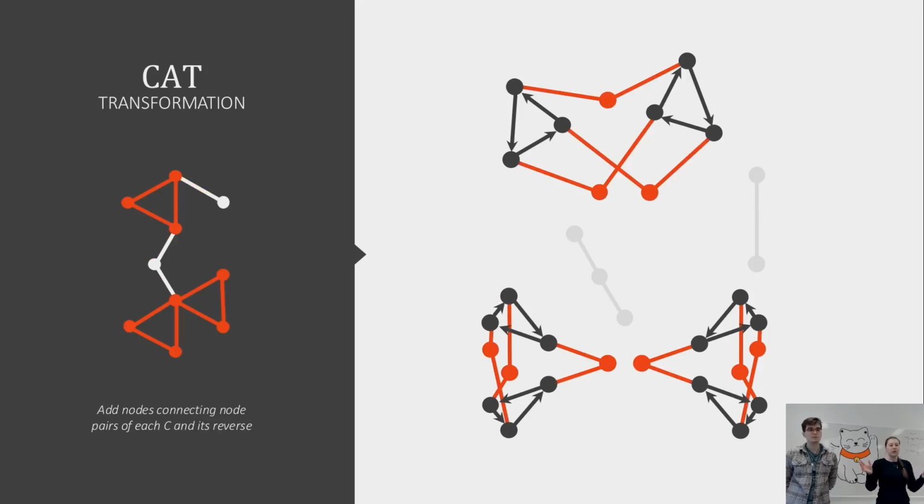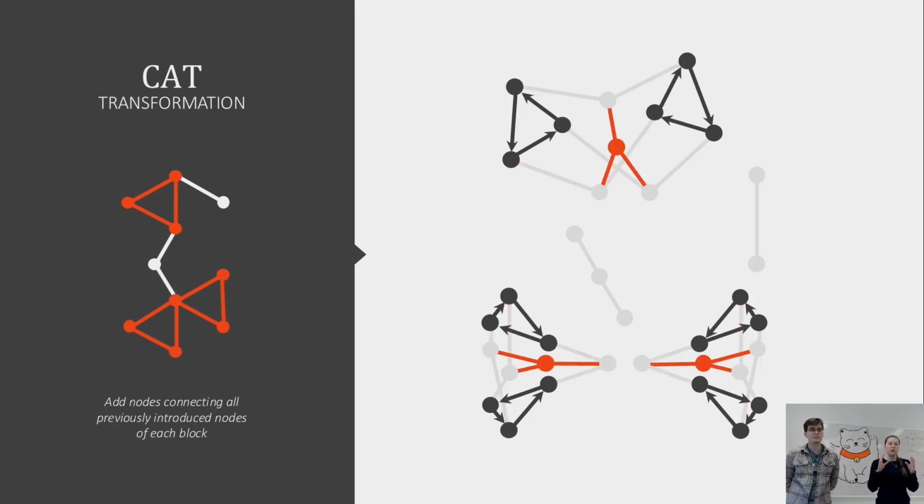After that, while using CAT star, we basically created 2 copies of each node in blocks. We then connect those representations using pooling nodes. And then for each of the blocks, we add a node, a block pooling node, to basically connect all those pooling nodes.